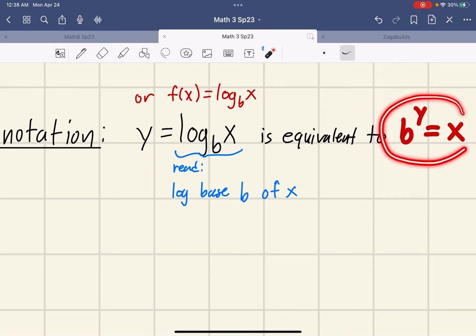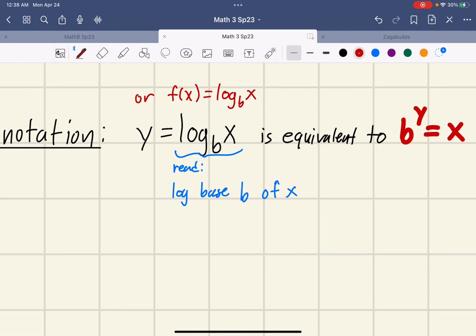We want to rethink it as this, we call the exponential form of a log. And this is how you would evaluate your logarithm. And then you just rewrite it back into your logarithmic notation.